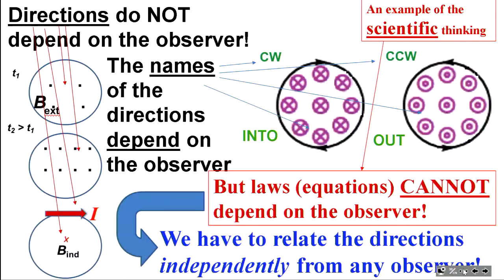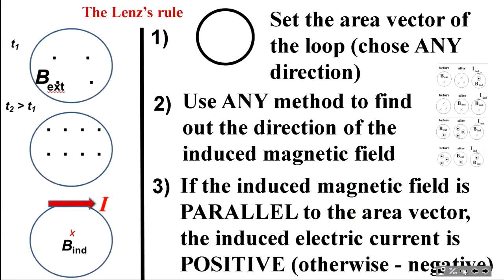So, if you want to write a law which relates all those directions, we have to relate them independently from an observer. And I know that sometimes when I forget to control the way I talk, you may have no idea what I'm talking about. So that's why the next statement, because it's very important, I also put in writing.